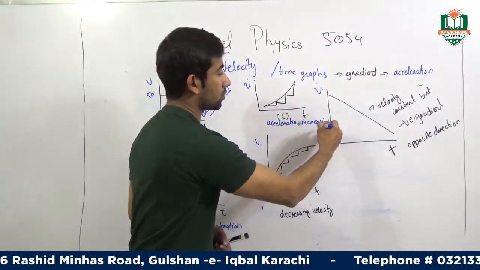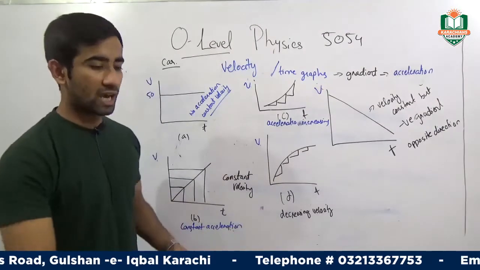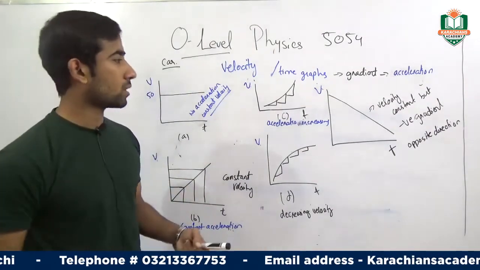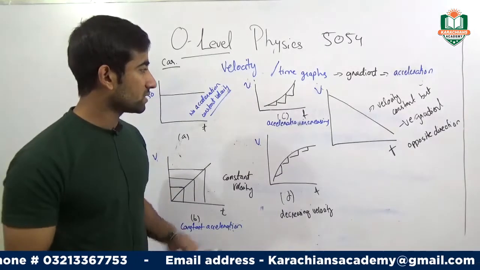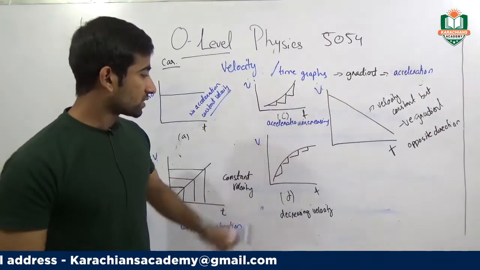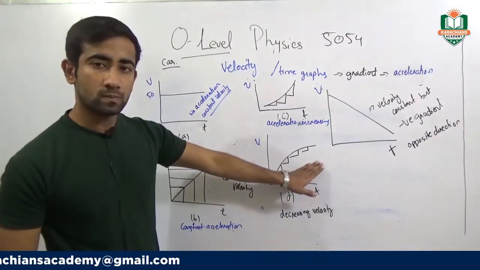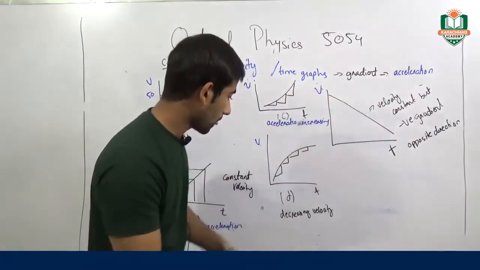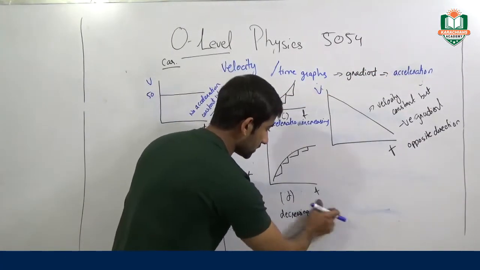This happens in most cases when you push the gas pedal and the car accelerates, there is an increase in acceleration, and this graph can be easily plotted for it. For this case, the gradient is decreasing. Since the gradient of the velocity-time graph is acceleration, this is a decreasing acceleration graph.